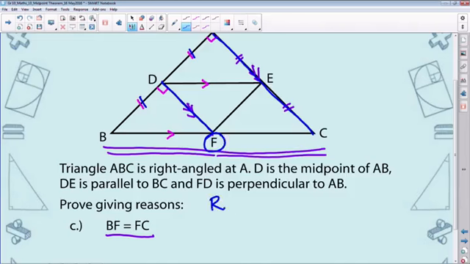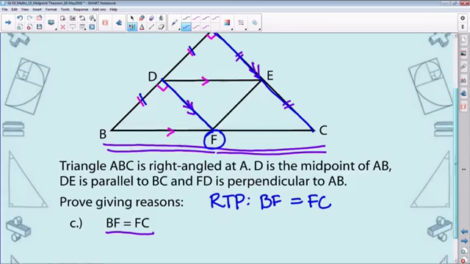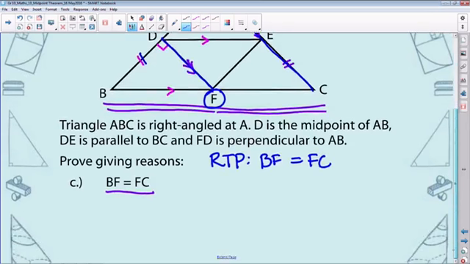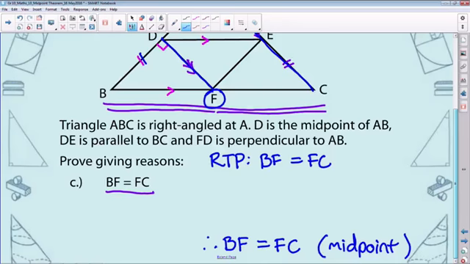So let's write down required to prove BF is equal to FC. And I know I'm going to prove it using the midpoint theorem, so I'm just going to write down over here as my conclusion, therefore BF equals FC and midpoint theorem. Okay, I suppose I should write theorem. There we go, theorem.